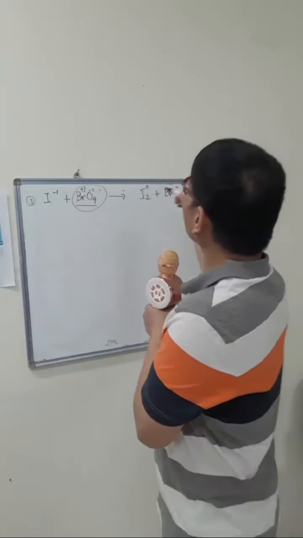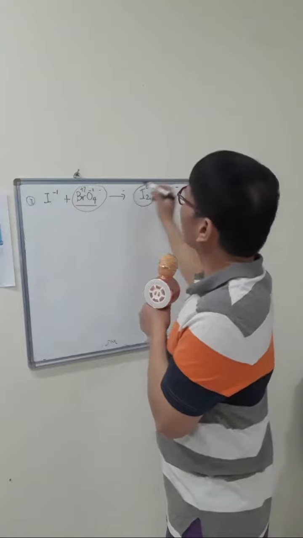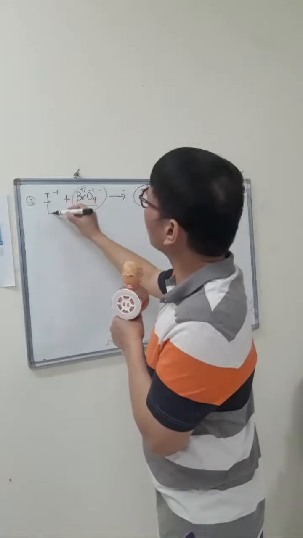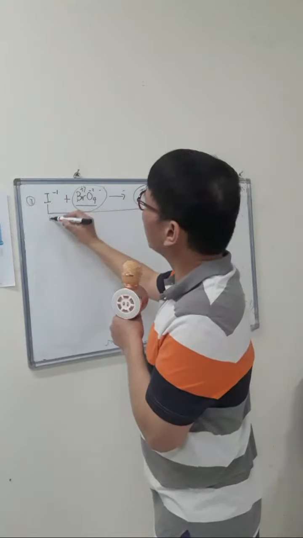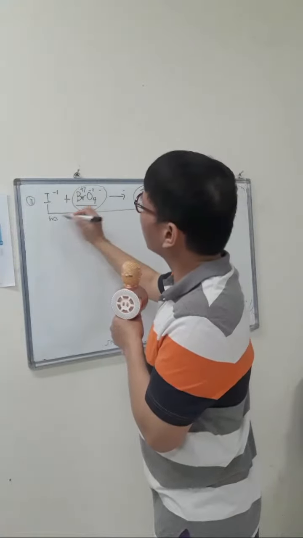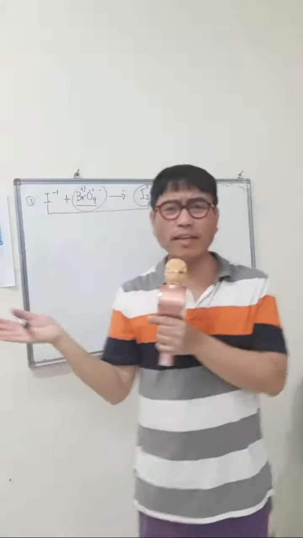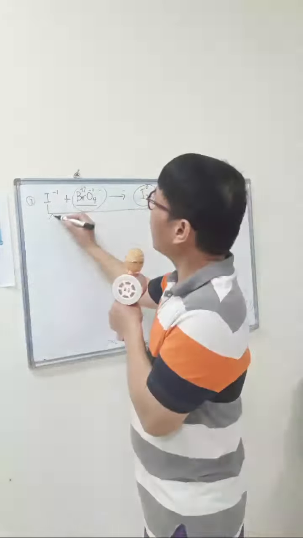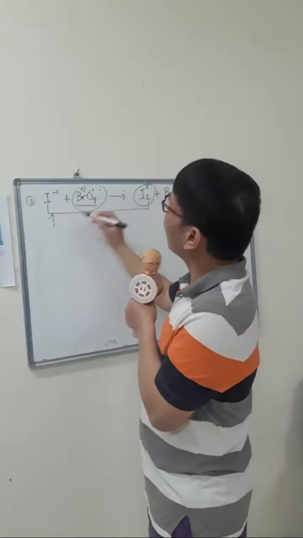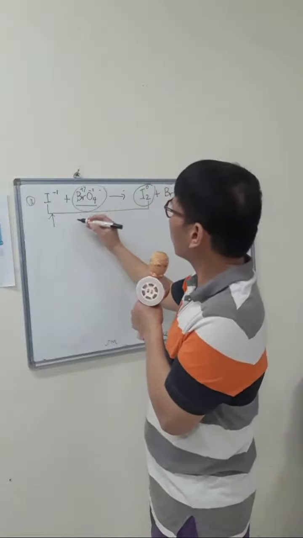Now inspect. For your iodine, the change is from -1 to 0. So there's an increase, I just put an arrow up to save words. Arrow up means increase in the oxidation state or the charge.